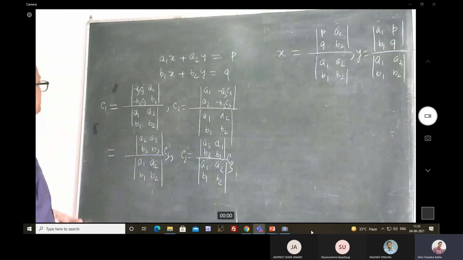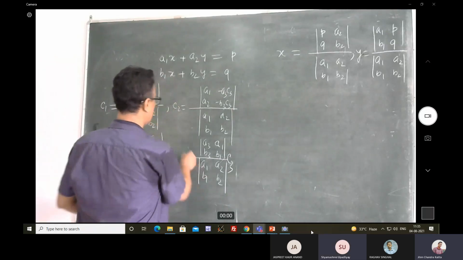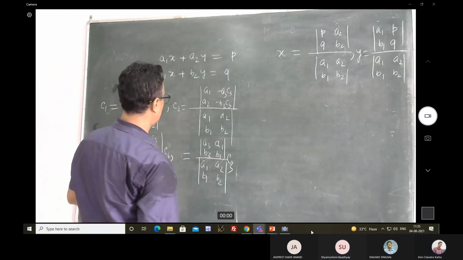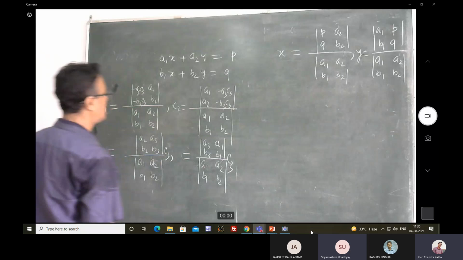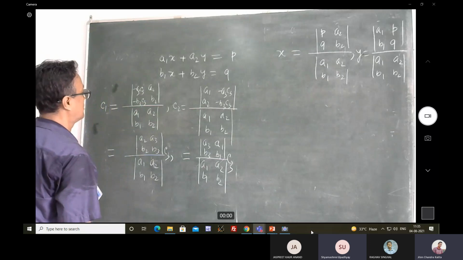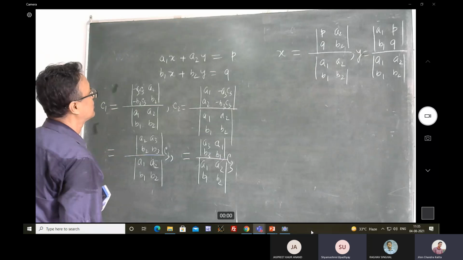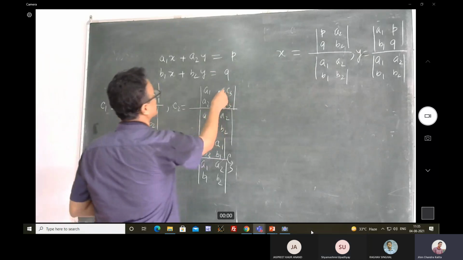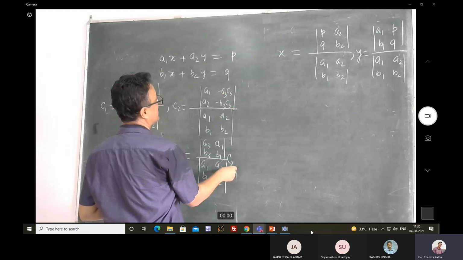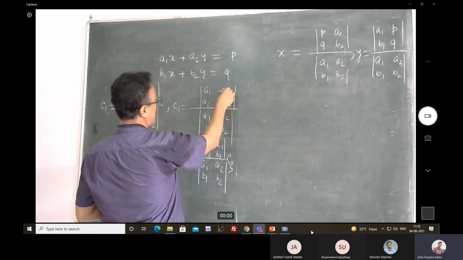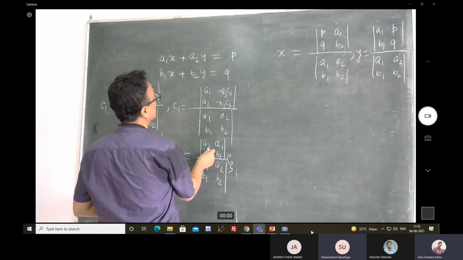Okay, fine. It will be A1, A2. A1 where? In the expression of C2 numerator. No, because I'm adjusting with the minus. See, I can take C3 out. I have taken C3 out. Now, because I'm adjusting with minus, that's why it has become second column.